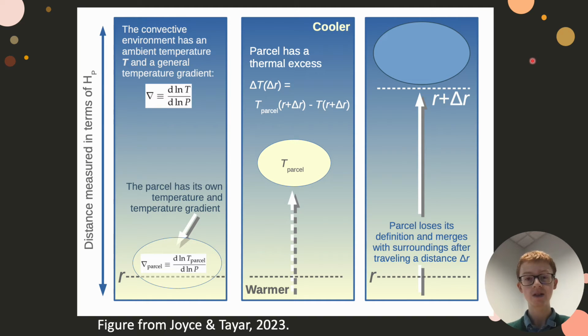In MLT, we look at a temperature-constant bubble, and we model this moving in radius, so moving from within the star to cooler areas, and how long it takes to integrate into the environment. And we model that using these temperature gradients with respect to pressure.